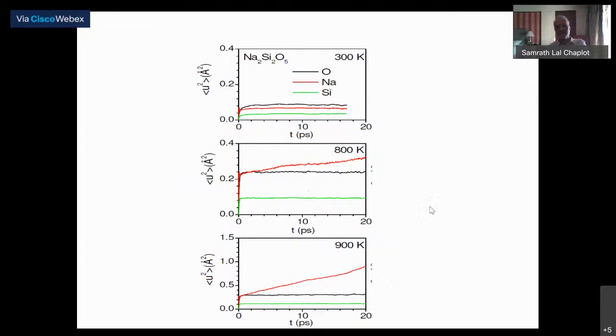There are some things that we need to be concerned with, like how long the simulation has been done. Here the simulation was actually done beyond 20 picoseconds, but the plot is given only to this point. Suppose my simulation is done for only 20 picoseconds, then the values calculated at high time, for example at 10 picoseconds, are averaged between time 0 and 10, also between 1 picosecond and 11 picoseconds, or between 2 and 12 picoseconds.